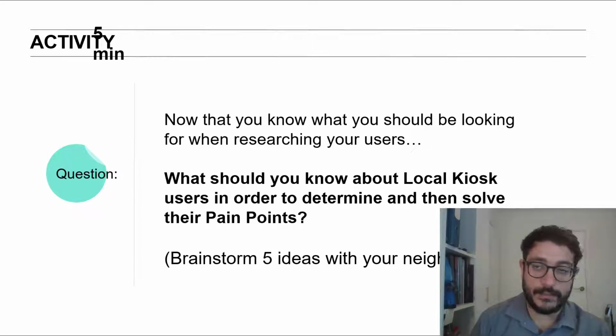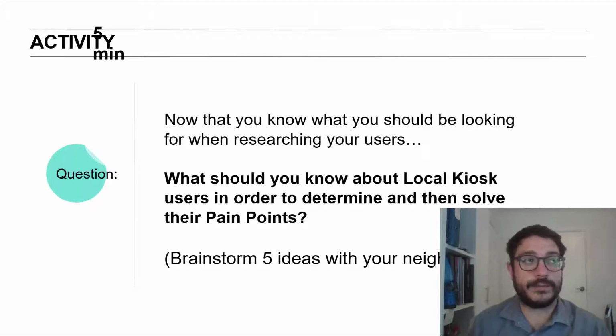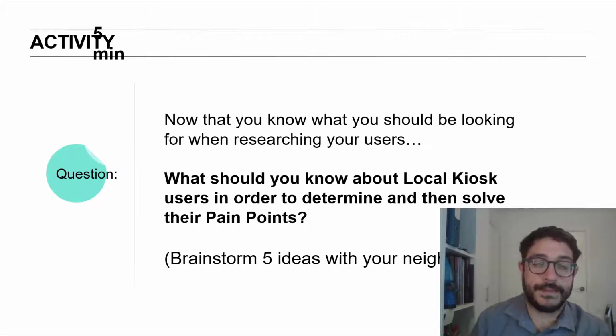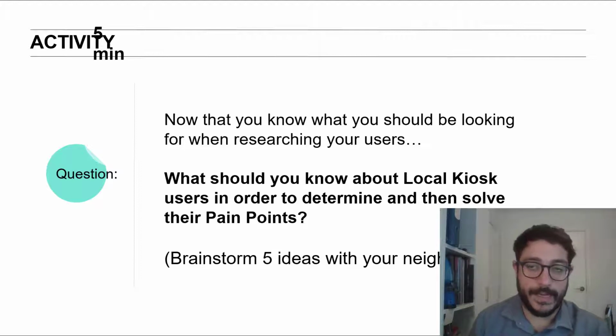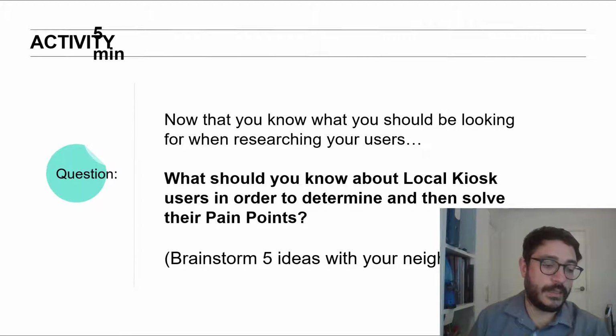So think about an application that you want to build. Maybe you want to build an application to help stray cats. Maybe you want to build an application to help sell a particular product. So what are the questions that you're going to ask? So sit down and think about the questions and write them down.